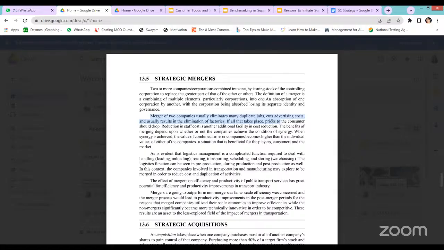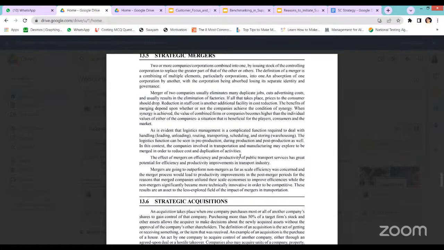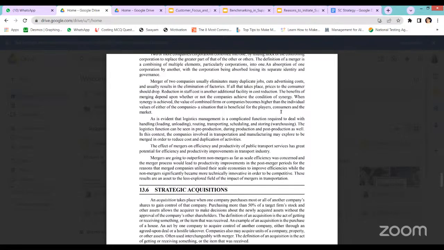Whereas in absorption, one corporation takes over another corporation, where the second one loses its identity. This is one kind of strategic partnership, in order to overcome the issues in the supply chain.